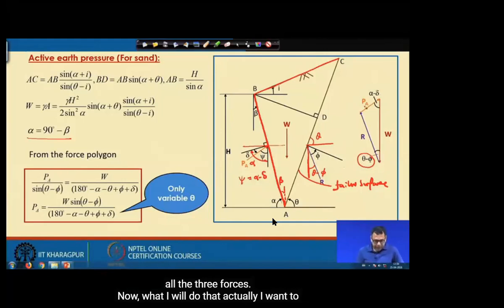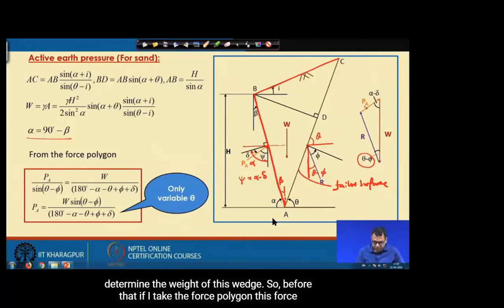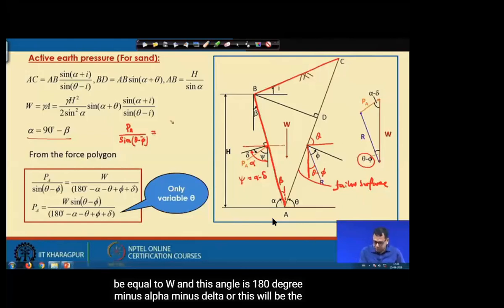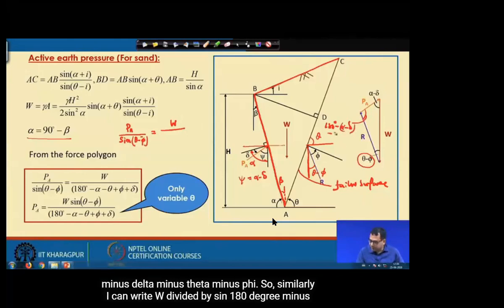Now I want to determine the weight of this wedge. Before that, if I take the force polygon, I can write PA divided by sine of theta minus phi, that will be equal to W divided by sine of 180 degrees minus alpha minus delta minus theta minus phi.